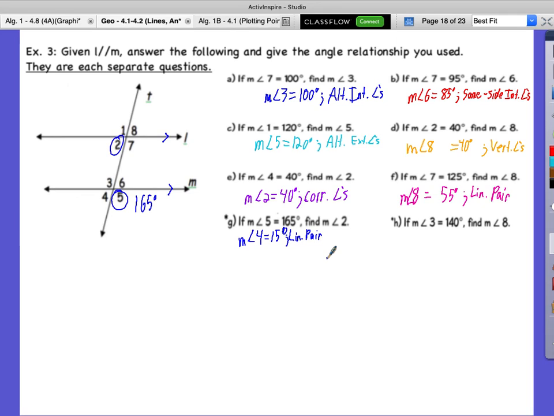Now, if we know angle 4 is 15 degrees, how can we go from 4 to 2? What kind of angles are those? Same spot, which is what kind of angle? Corresponding. So the measure of angle 2 is going to be 15 degrees because corresponding angles are congruent. So we have to go through another angle. We can't go straight there because there's no relationship.